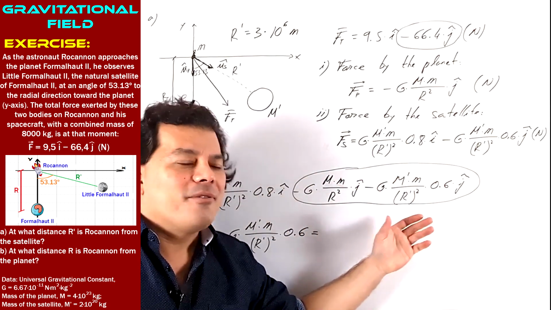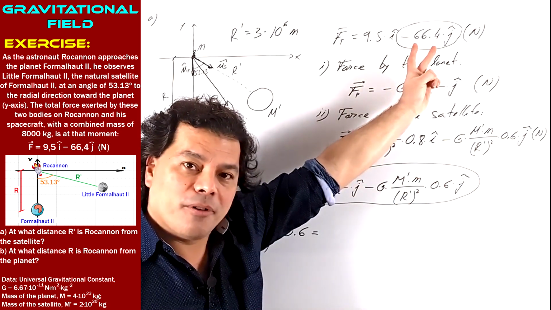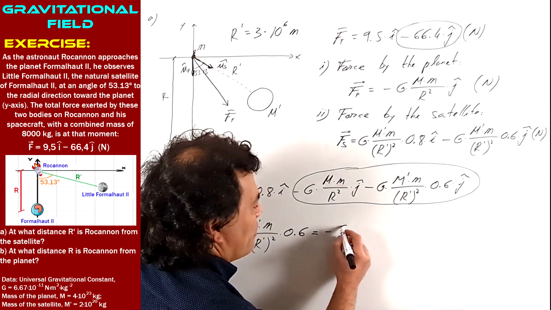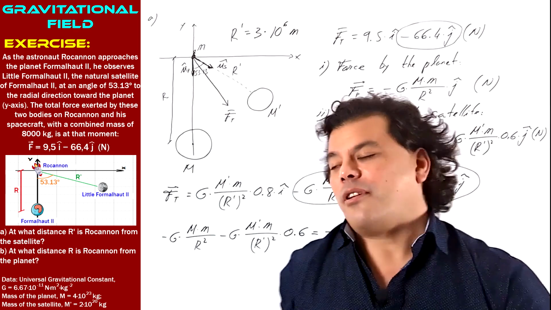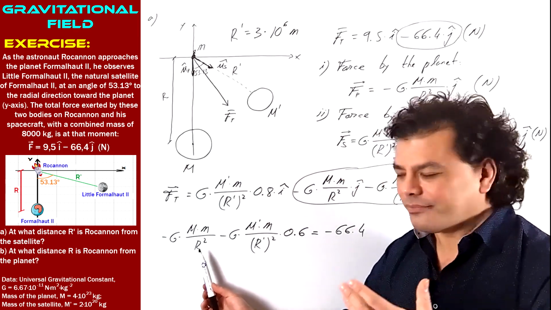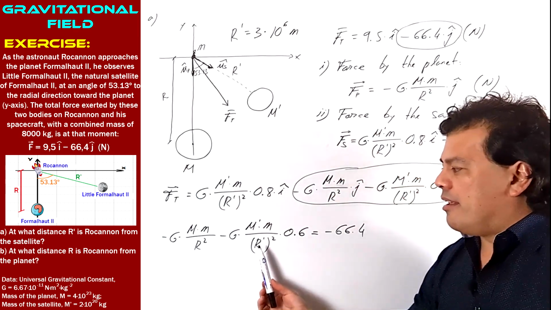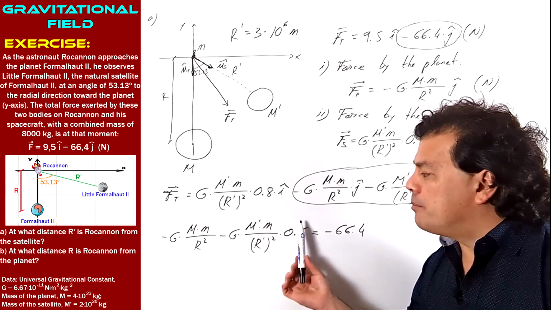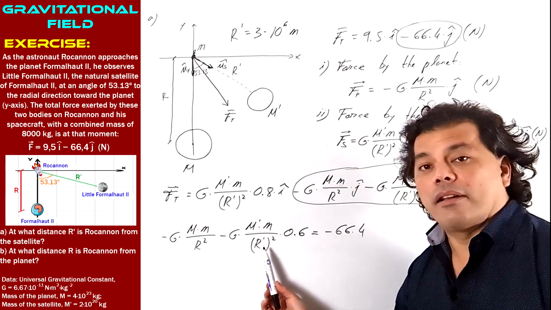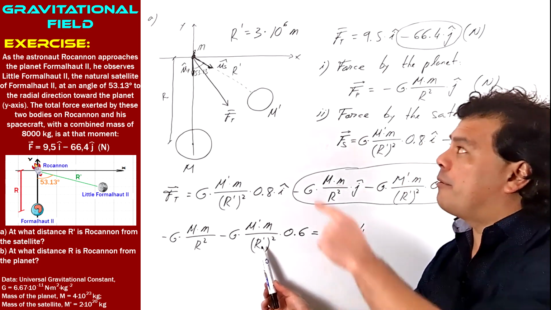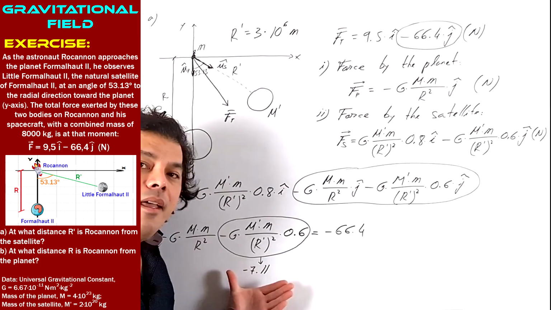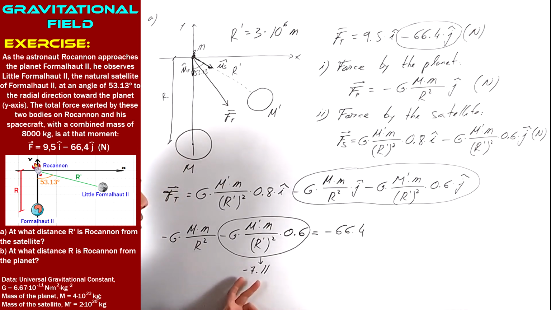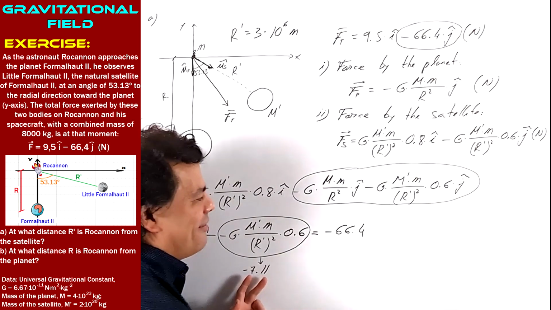This must be equal to negative 66.4. And don't forget that we are trying to solve for r. I consider that it will be very interesting to put all these magnitudes in the calculator. We already know r prime, and it will be better for us to solve. If you did it carefully, hope you obtained negative 7.11.